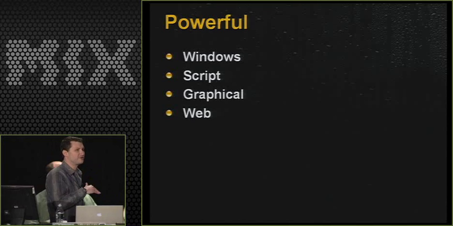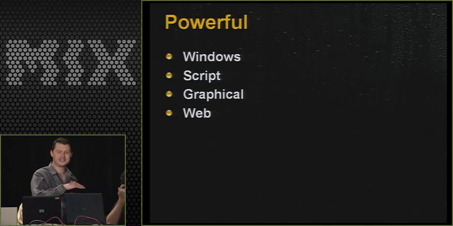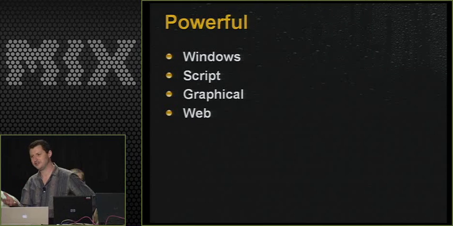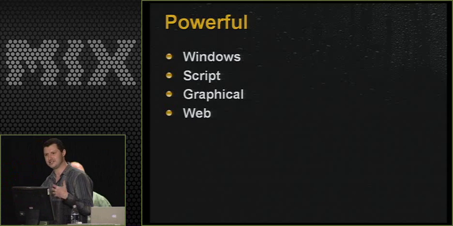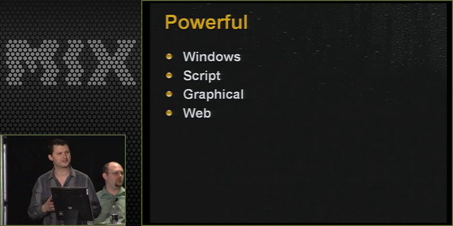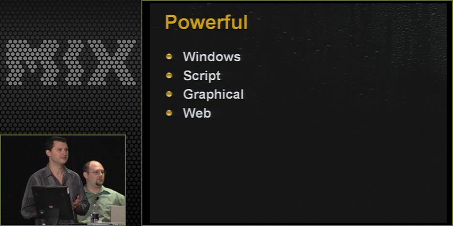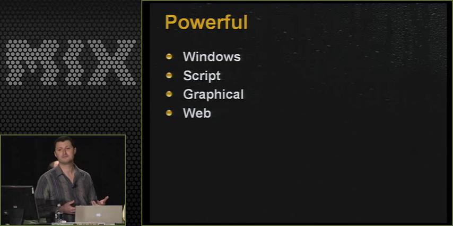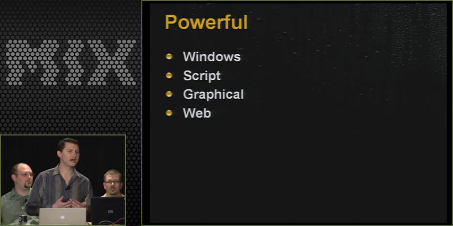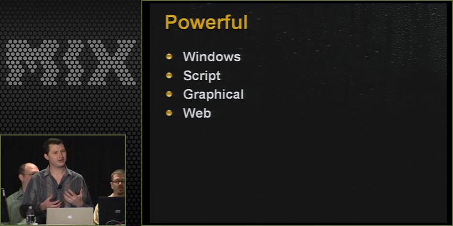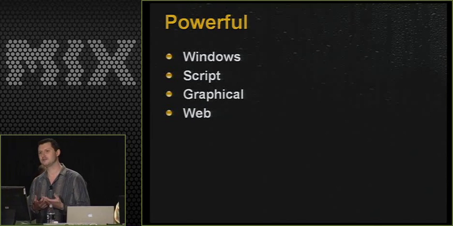Kind of juxtaposed against simplicity is being powerful. So how do you do both? In simplicity, it's easy to develop, easy to use these gadgets, but it's also very powerful. You can take full advantage of the Windows operating system in a couple of ways. Through script, we're going to provide an object model so that it makes it very easy to interact and get system information.